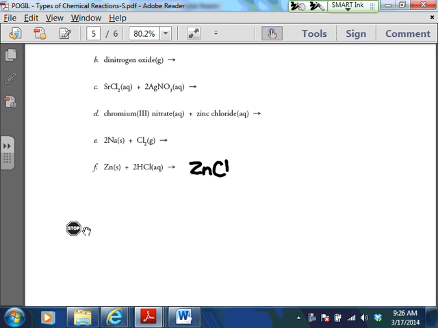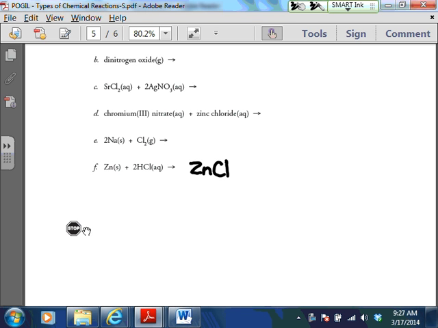I'm hearing ZnCl and ZnCl2. How do I know? It's not because it's diatomic. You only put a 2 with it if the chlorine would be by itself otherwise. It's in a compound here, so it doesn't have to be a 2.